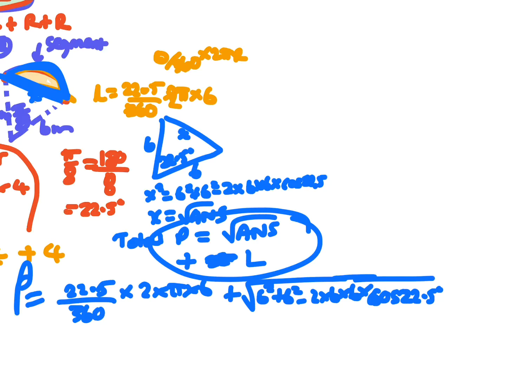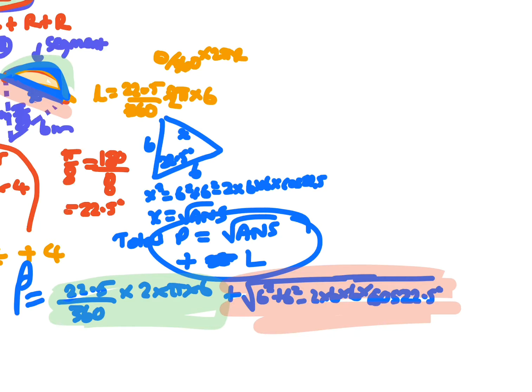That's the perimeter of the whole shape. Because this first part here on our shape is the arc length, and the second part, which is this one here, is the length along there.